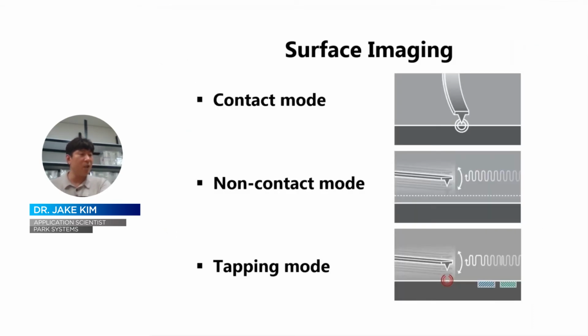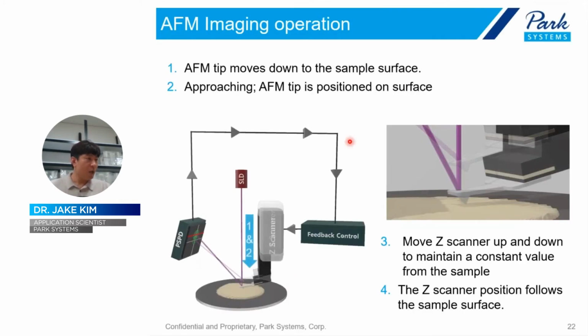And next, I'm going to present the AFM imaging modes: contact, non-contact, and tapping mode. This slide shows a very brief process of the AFM imaging operation. I'll start from this AFM cantilever and tip position.